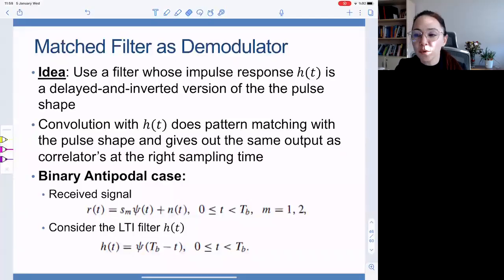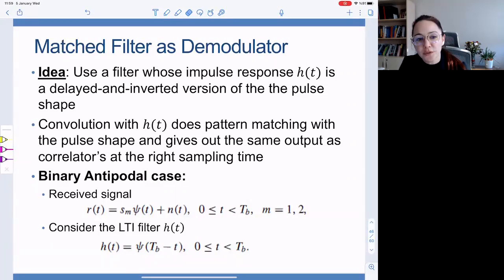Great. So today we'll talk about the matched filter as demodulator, mainly in binary communication under AWGN. The idea is if we were to somehow process the incoming received signal by a filter, and our ultimate goal is to make a decision rule from the output of this sampled filter response, what should the filter be?